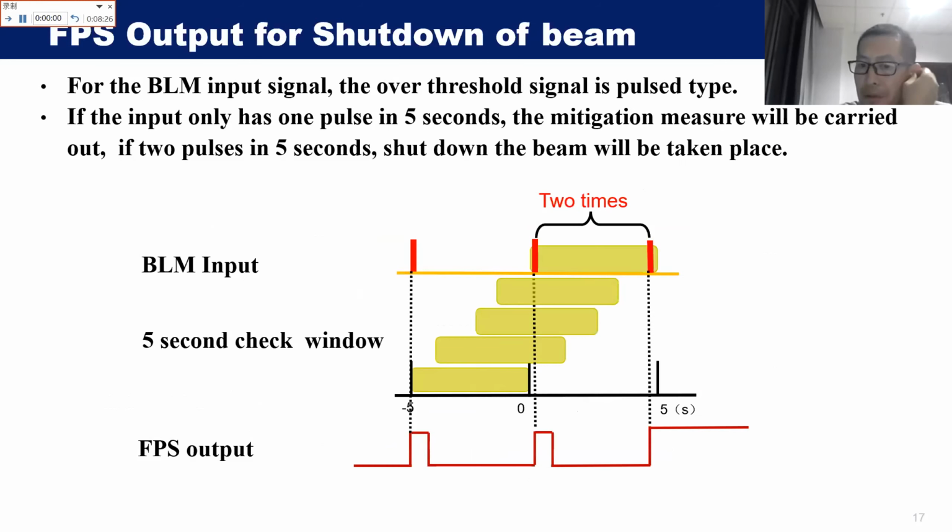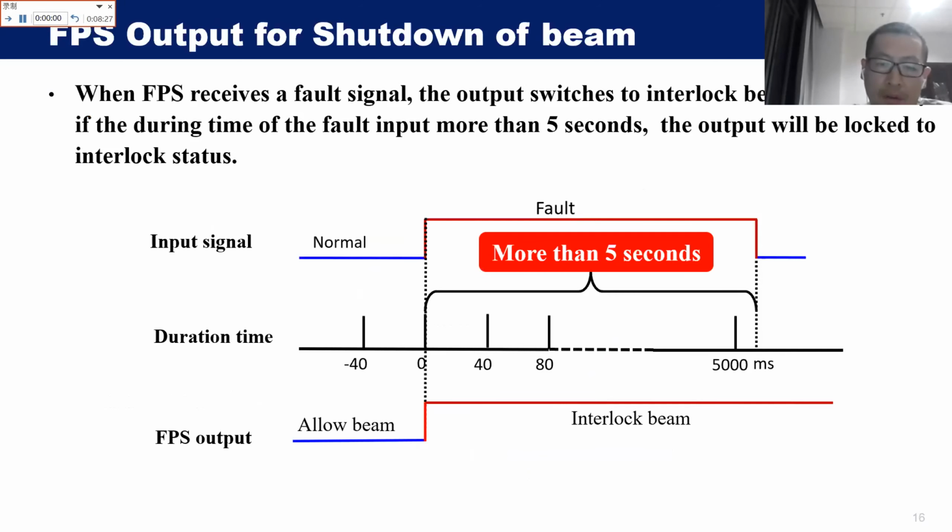Let me show you how this output signal was generated. Case one is for the continuous fault signal. When the FPS receives the signal, firstly, the mitigation actions take place, and if the fault signal lasts more than 5 seconds, the FPS output will be latched to the high level state.